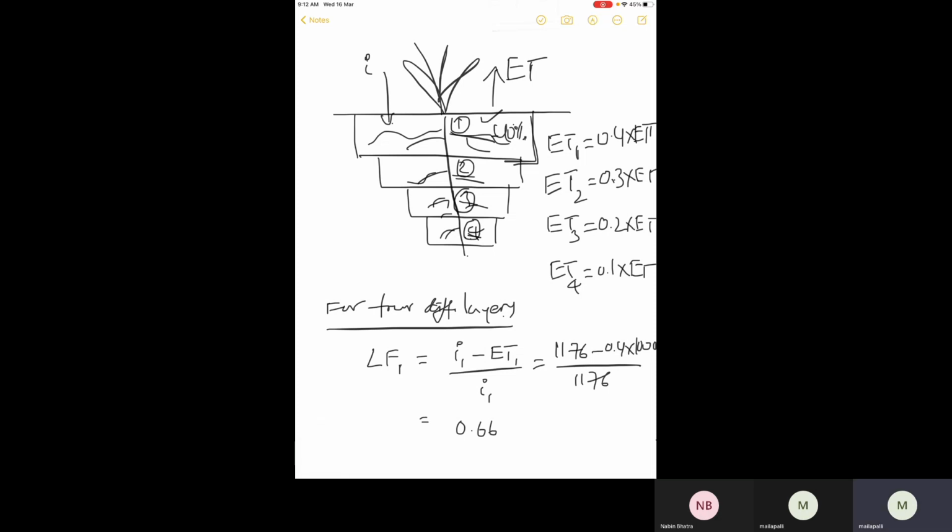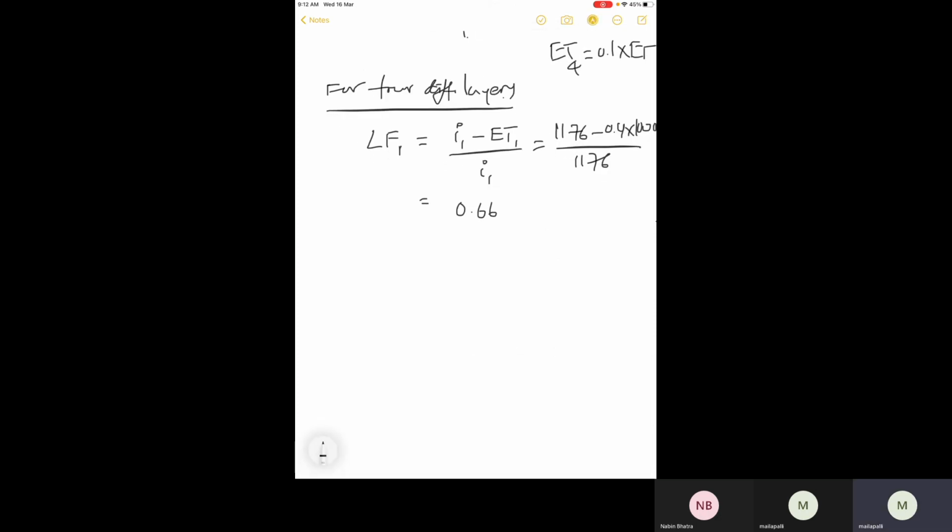Okay, so knowing the leachate fraction, now you find out the concentration of salts when the water is going down, that is EC1, the first layer. So that will be ECIW, the irrigation water, divided by the leachate fraction LF1.